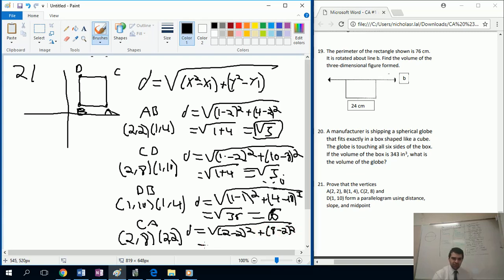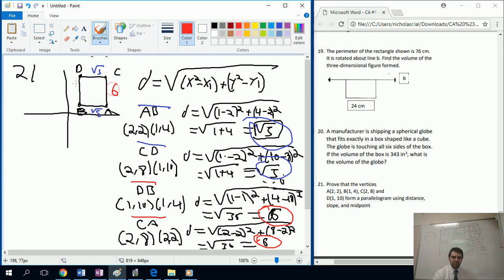So that's going to be equal to the square root of 36, which is going to be equal to 6. If we notice here, the distance for line segments CA and DB both equal 6, and for AB and CD both equal the square root of 5.